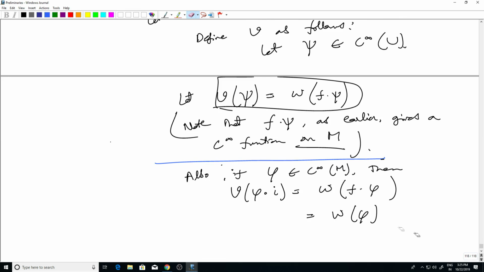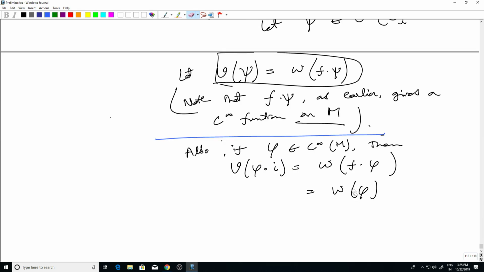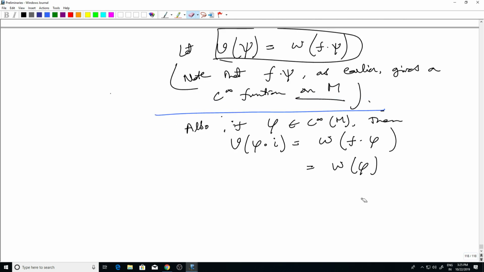So let's leave it like this. The only question becomes whether W of F multiplied by phi equals W of phi. And the answer is yes.